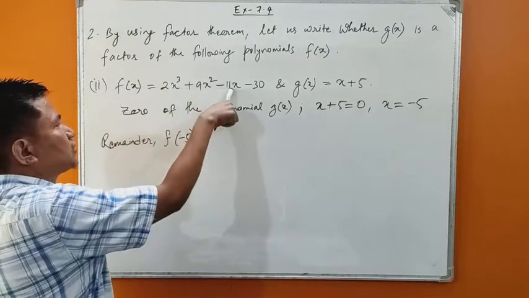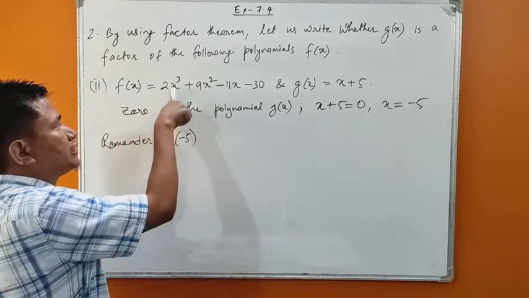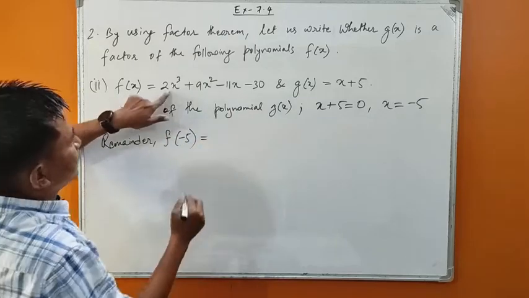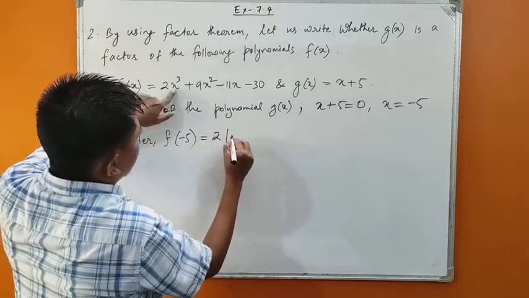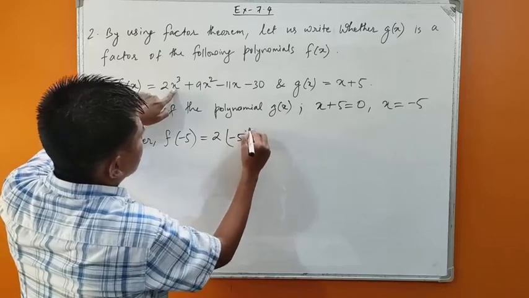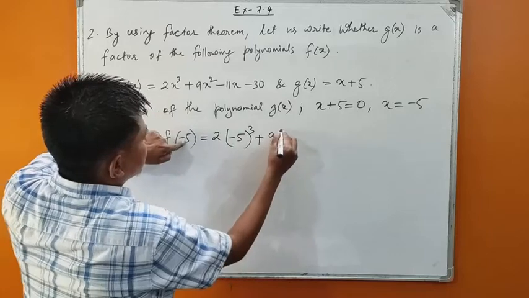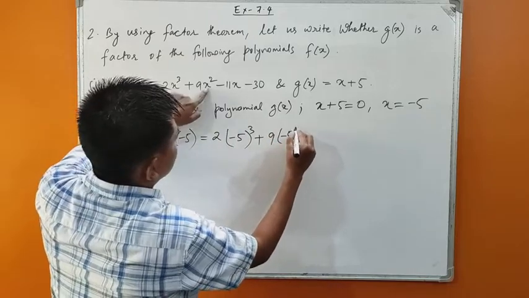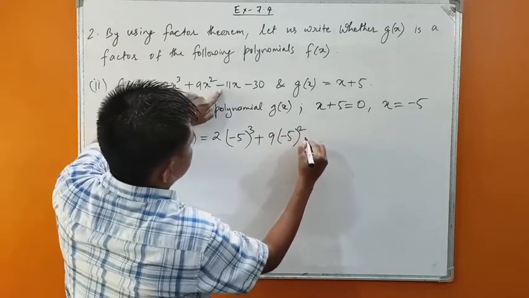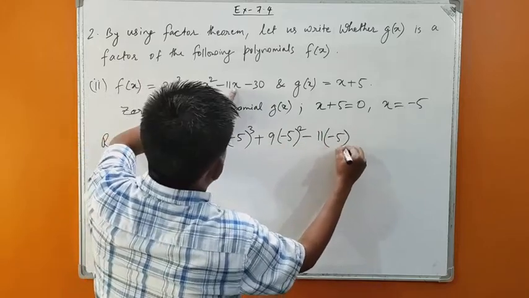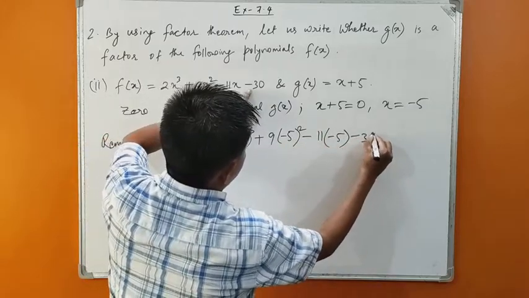Since fx is this, so f minus 5 will be, instead of x we write minus 5. Okay, this will give us remainder. 2x means minus 5 whole cubed plus 9x means minus 5 whole squared, isn't it? Minus 11x means minus 5 minus 30, isn't it?